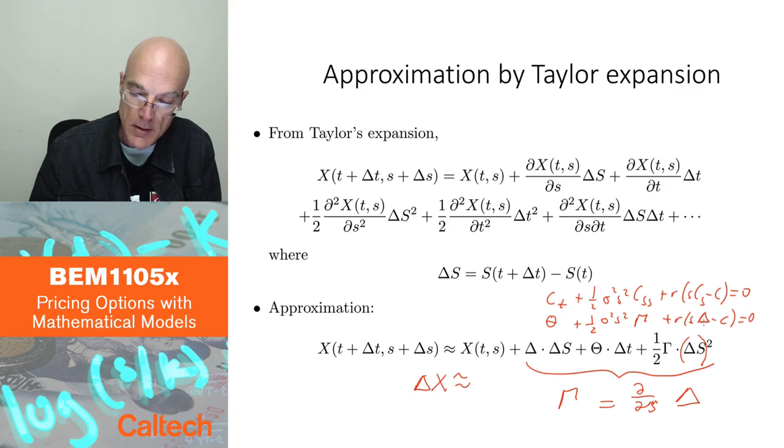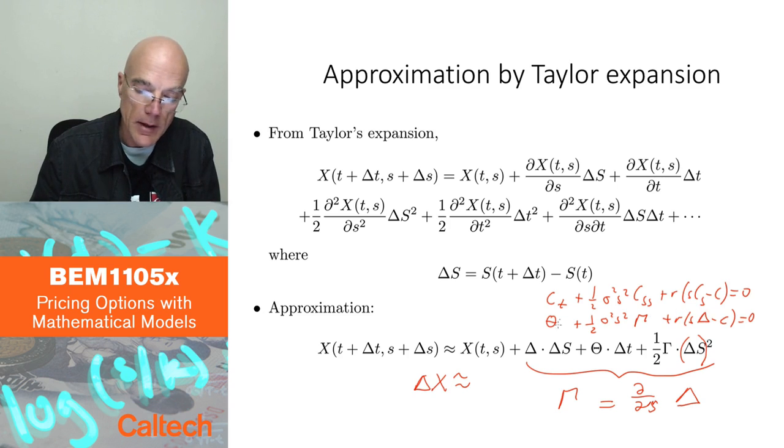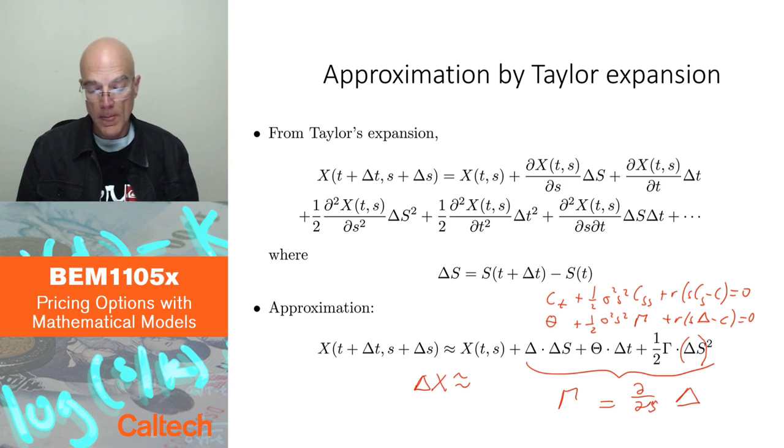I don't have the freedom to change delta. Or if I fix delta and gamma, then I cannot change theta. So if I fix two of these, then I cannot change the third one.